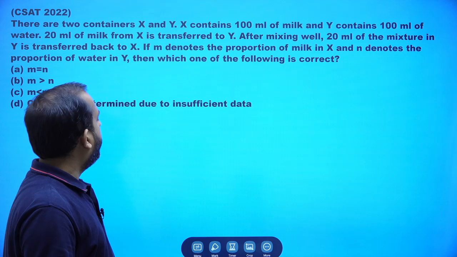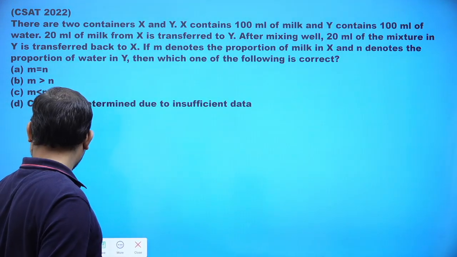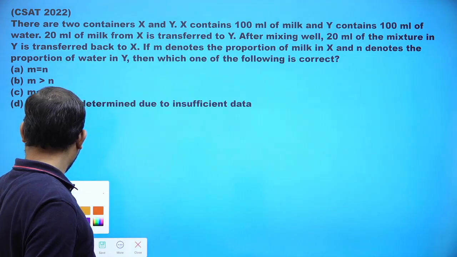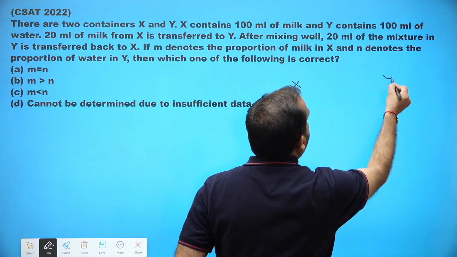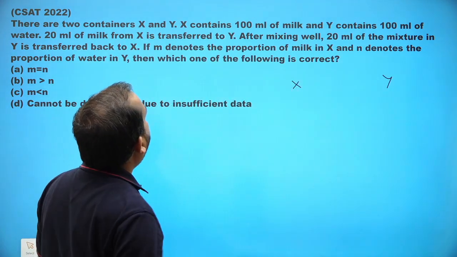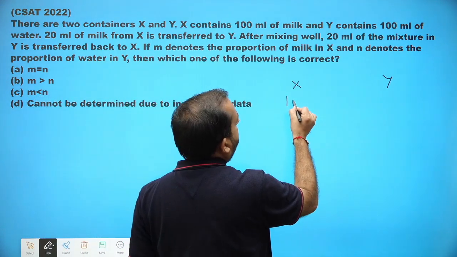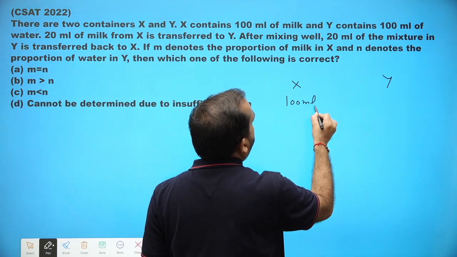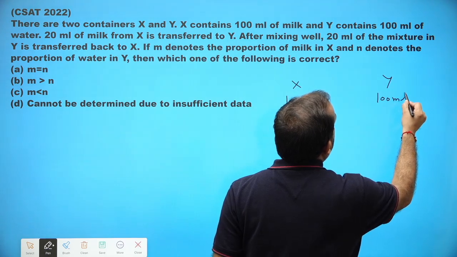In this question, there are two containers X and Y. Let's say this is container X and there is container Y. X contains 100 ml of milk, and Y contains 100 ml of water.